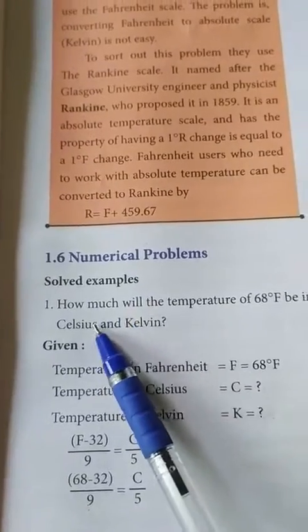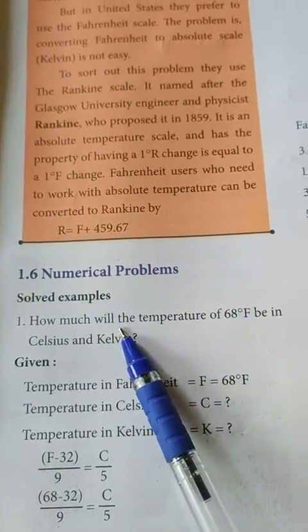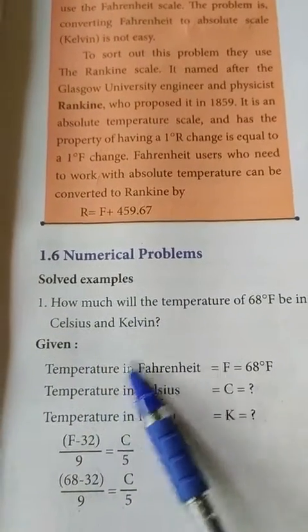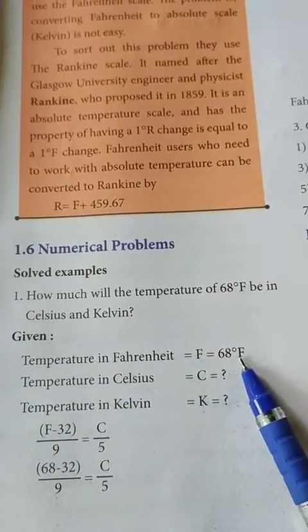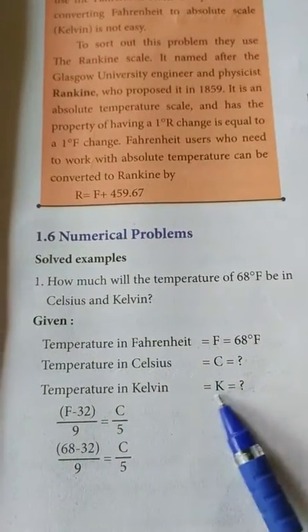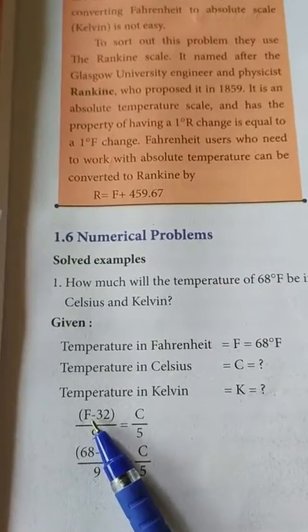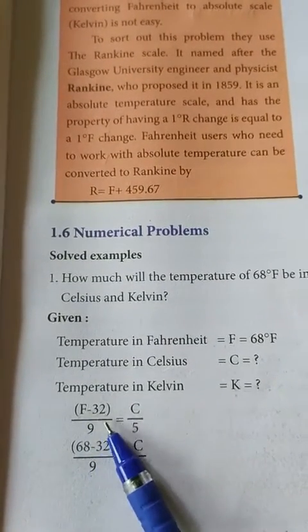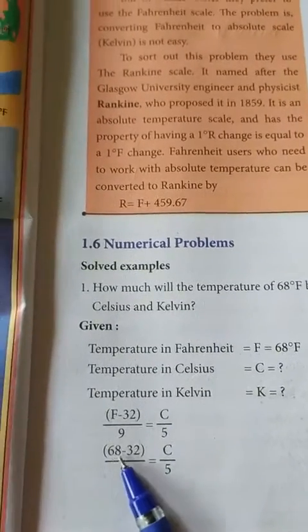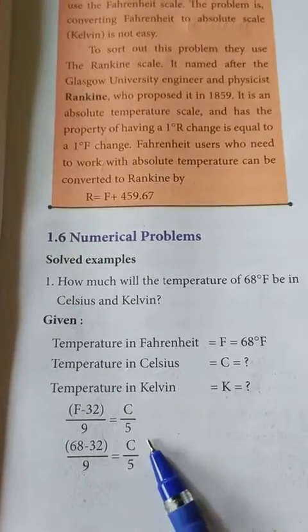Solved examples. How much will the temperature of 68 degree Fahrenheit be in Celsius and Kelvin? Temperature in Fahrenheit is 68 degree Fahrenheit. Temperature in Celsius, find out. Temperature in Kelvin, find out. The relation between temperature Fahrenheit and Celsius is F minus 32 by 9 equals C by 5. Fahrenheit 68 minus 32 by 9 equals C by 5.